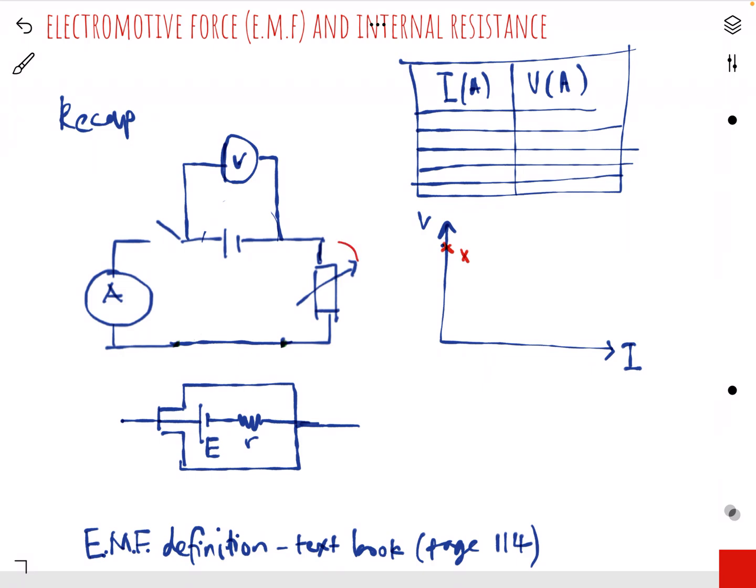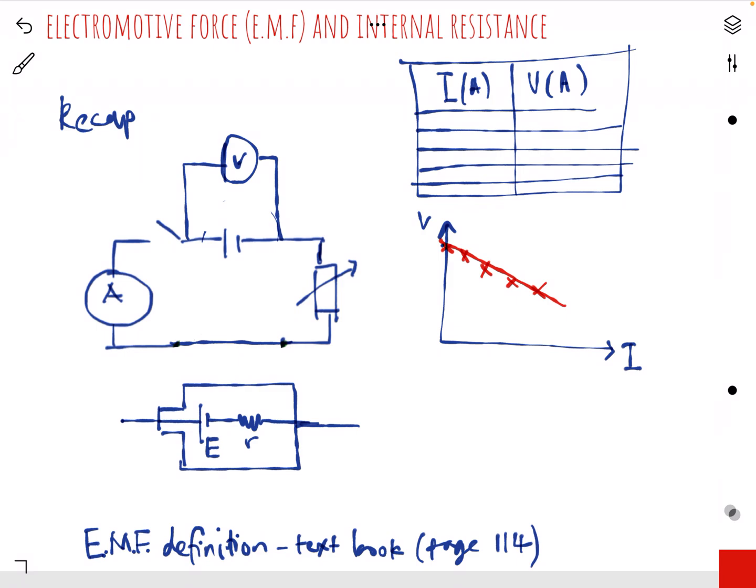So when you increase the resistance here, more energy is needed so that current can pass through the rheostat. So what happens is the voltage across the dry cell will drop more. So you should get a straight line, something like this, and the value of voltage across dry cell will decrease linearly like this. So this is the graph that you should get from this experiment.